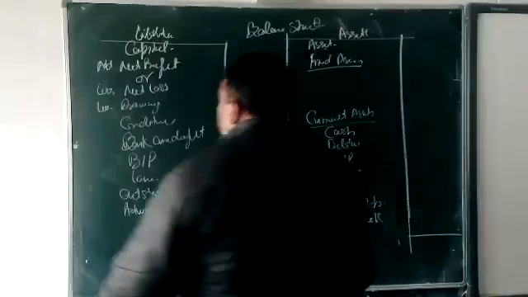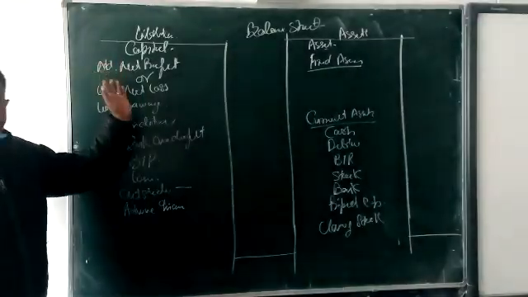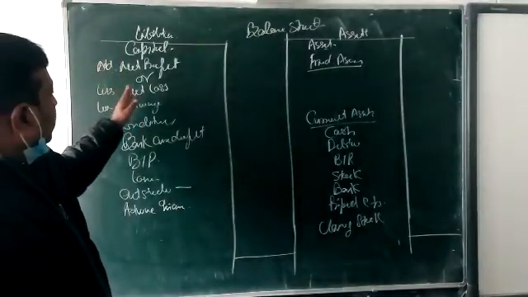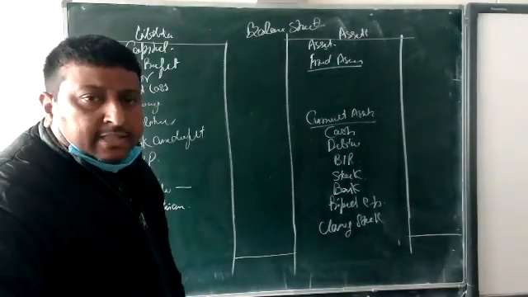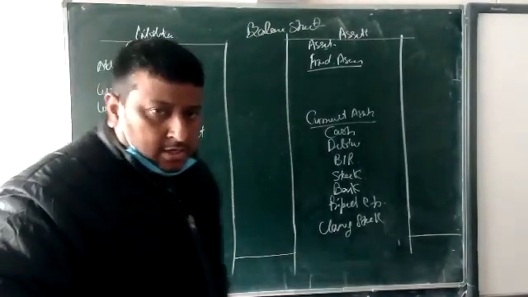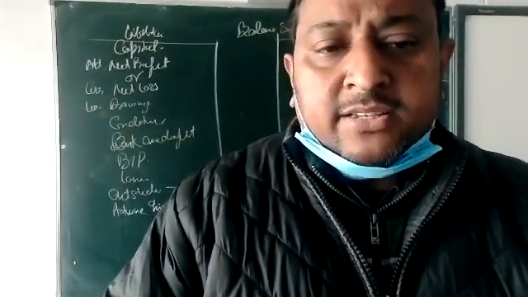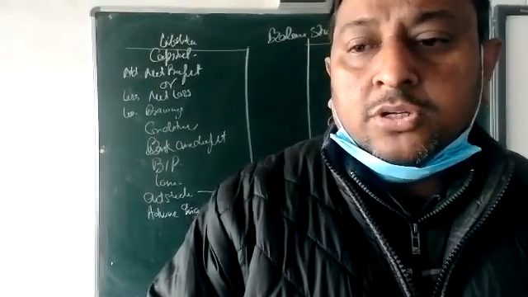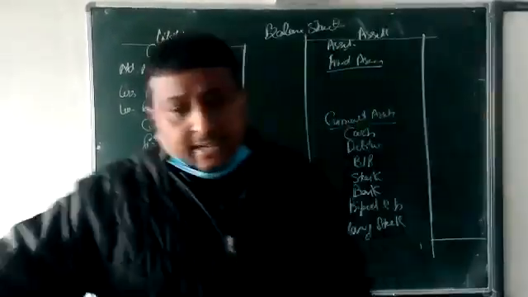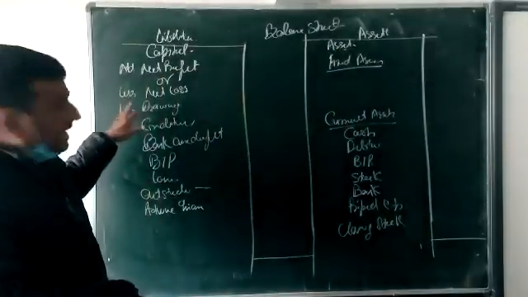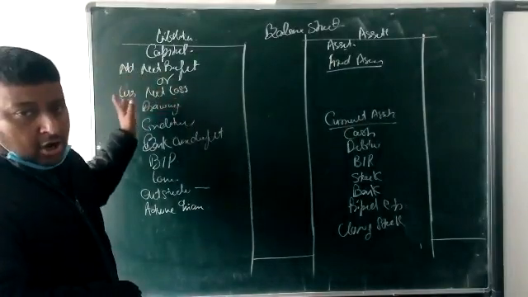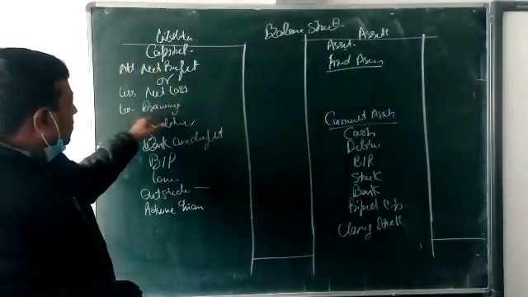On the liability side, first we are putting the capital. After the capital, net profit; if net profit is there, then we are going to add that, or net loss less, drawing less.